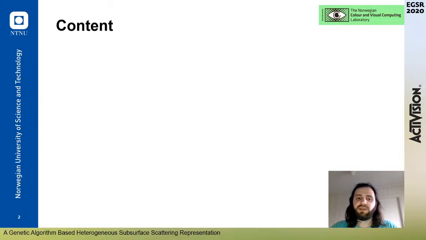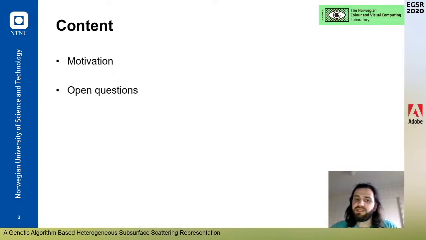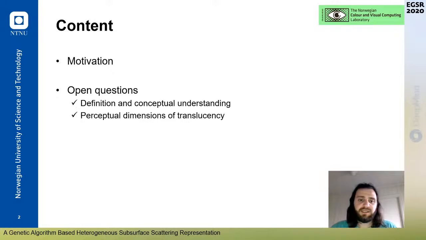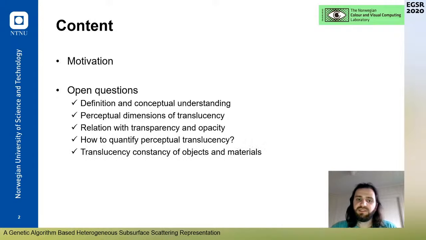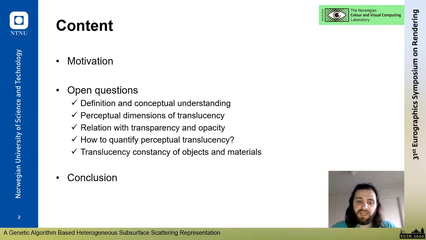Today I'm going to describe the motivation of this work, and then I will present the open questions that exist in studies of perceptual translucency, namely definition and conceptual understanding, perceptual dimensions of translucency, relation with transparency and opacity, how to quantify perceptual translucency, and the translucency constancy of objects and materials. And finally, I will conclude with some final remarks.